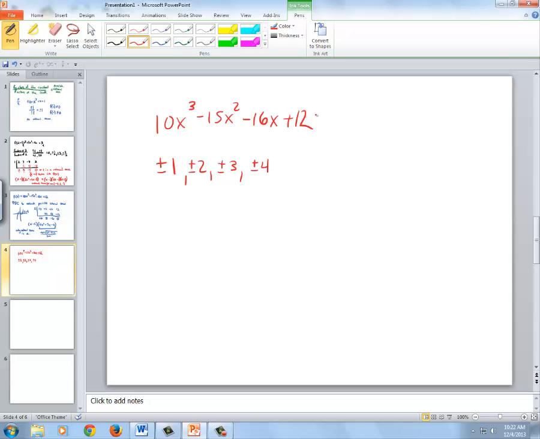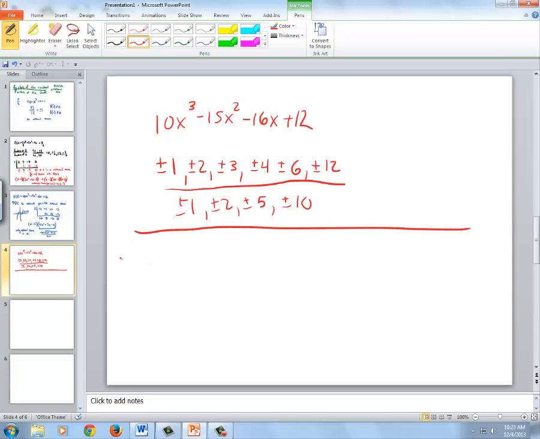I'm taking factors of 12 right now. Plus or minus 6, and plus or minus 12. All over 10. Factors of 10. Plus or minus 1, plus or minus 2, plus or minus 5, and plus or minus 10. Okay? You can understand that there are a lot of possible answers. So using the graphing calculator to estimate is why we did that.